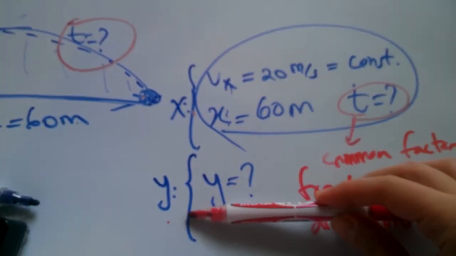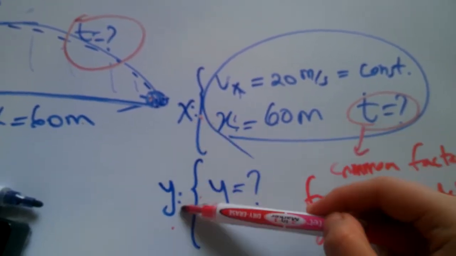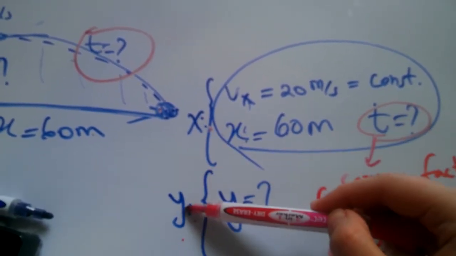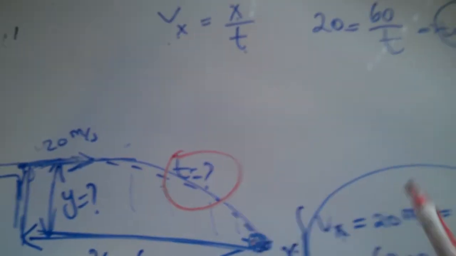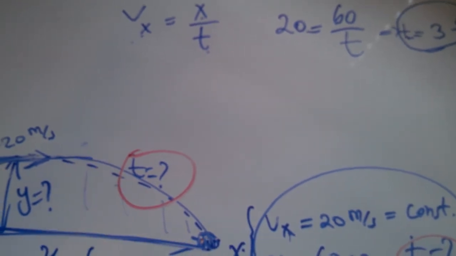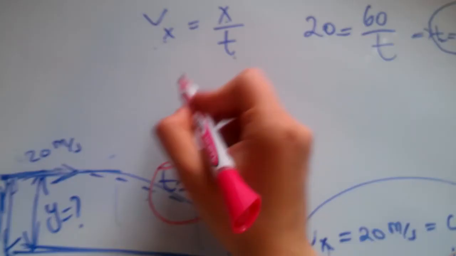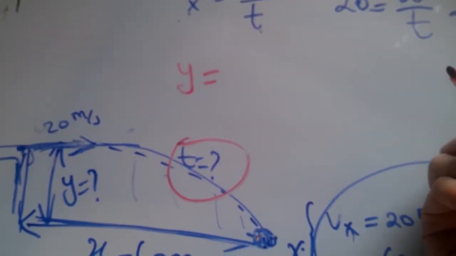Although I split the motion into X and Y directions, it was still one ball. It was my mathematical trick to treat X and Y directions separately, although it was one time. So we only have one time at which the ball is at X and at Y. Y here is vertical, for which I know I have acceleration.